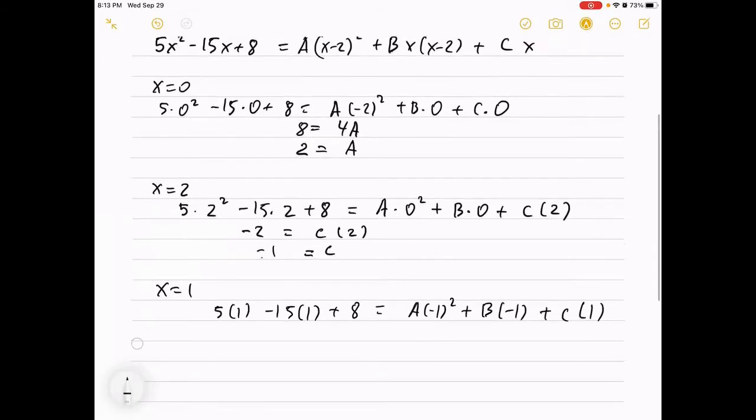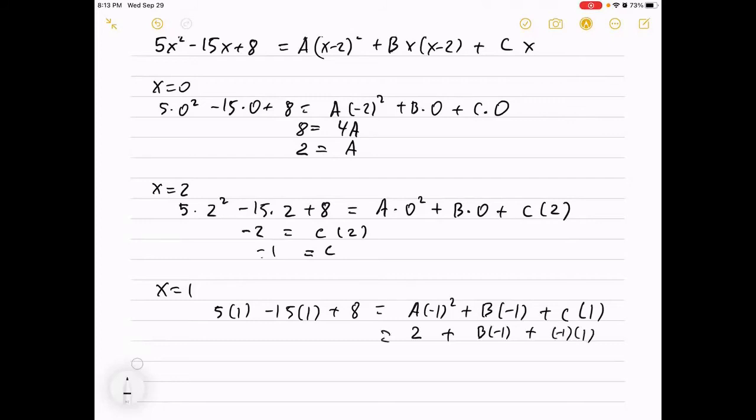Now we recall that A is 2, so 2 times 1 squared. We don't know what B is. C equals negative 1.